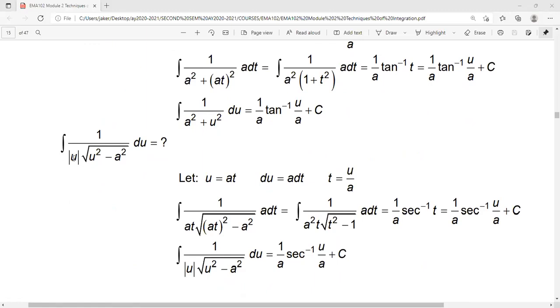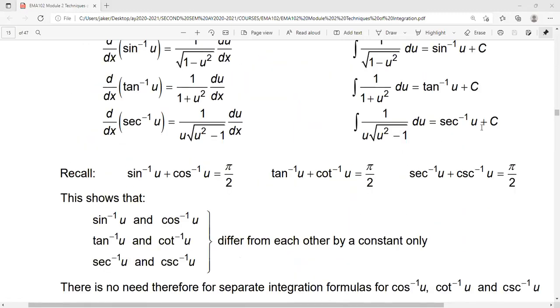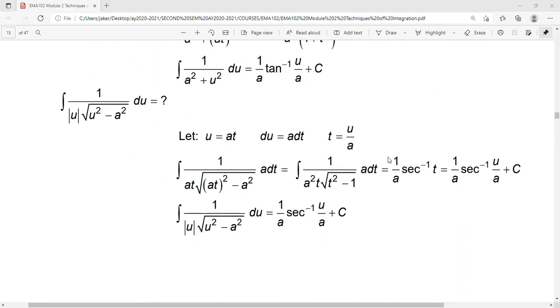So if your original formula has the arcsecant of u only, whenever this one is a real number, you will have this last formula here. You have, just like the tangent, 1 over a, the arcsecant of u over a plus c.